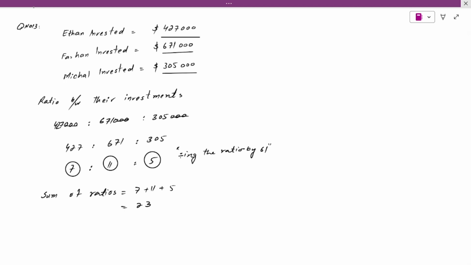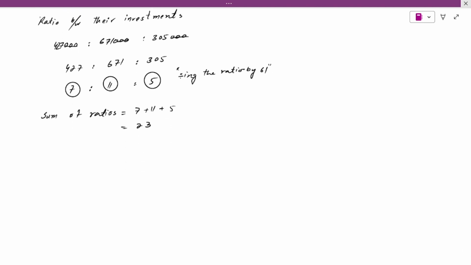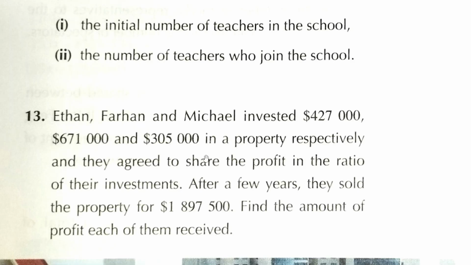Now we first have to show how much amount they get when they sold the property. They sold the property for this amount, $1,897,500.